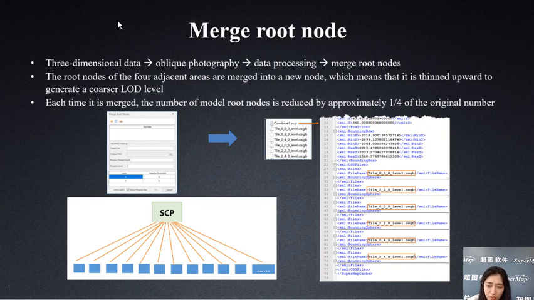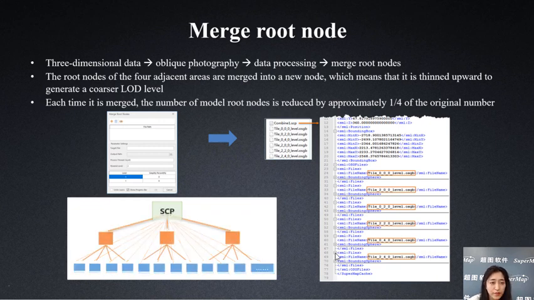In order to improve the model loading and browsing performance, SuperMap provides a root node merging tool, and adjacent small blocks are merged into a new large block. So you could select the level to set the number of merges to reduce the number of root nodes until the performance is more optimal. Okay, that is merge root node.